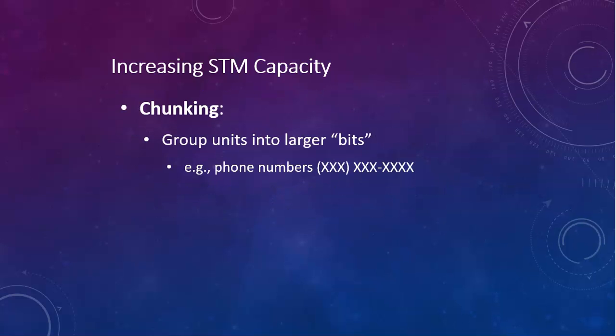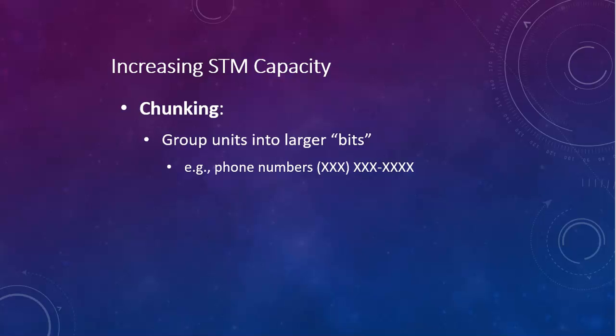One way of doing that is what we call chunking. This is where we break down a big group into smaller bits, or group units into larger bits. So for example, phone numbers. We're taking a large number of numbers, right?